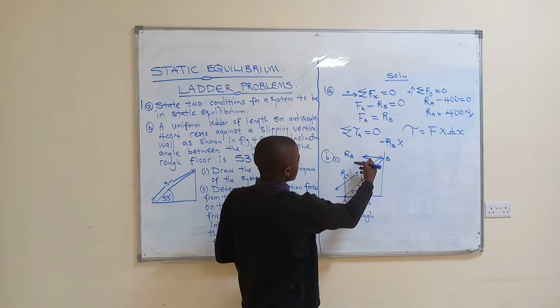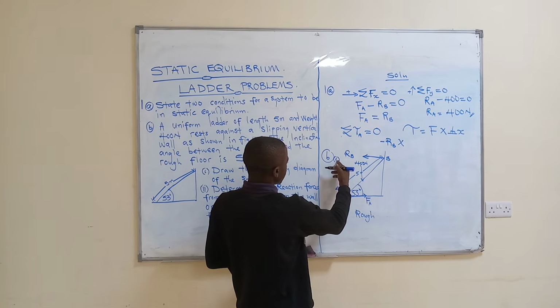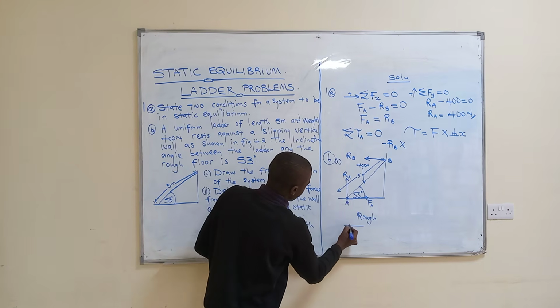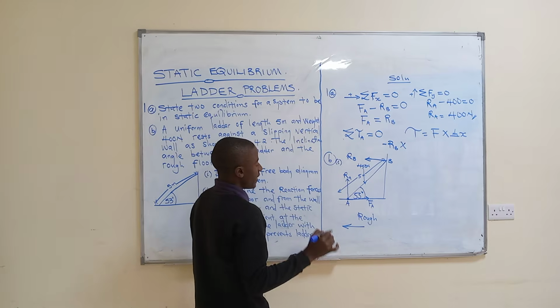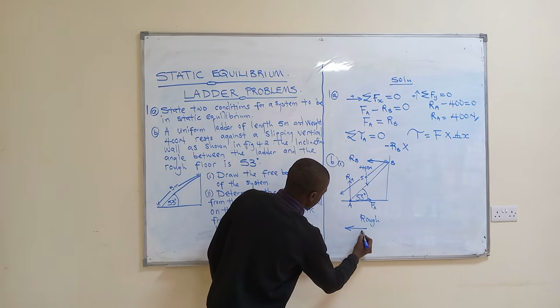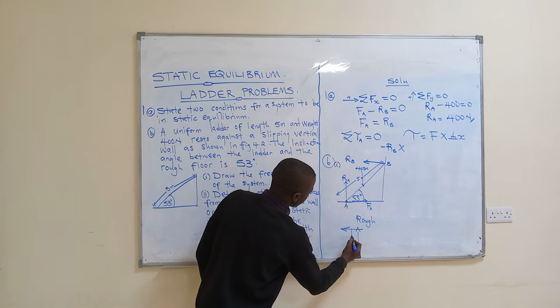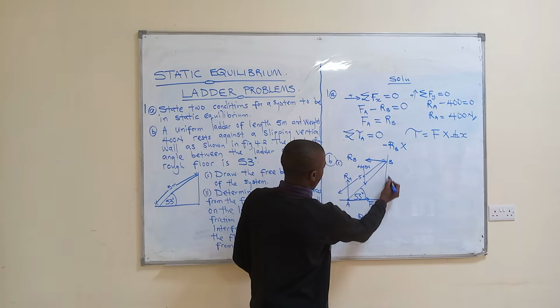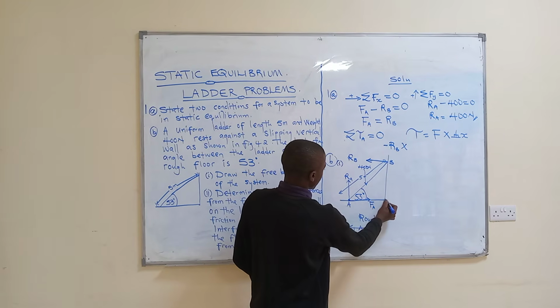If this force is moving in the x-axis like this, the only distance that can make it perpendicular is the vertical distance, so that when they meet here, they are going to form 90. So the distance that I'm going to consider is the height here, from there to there.